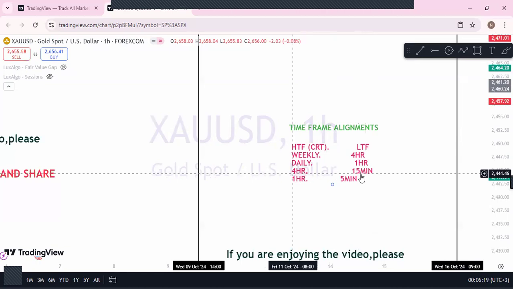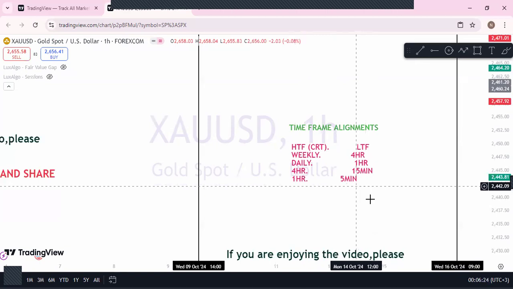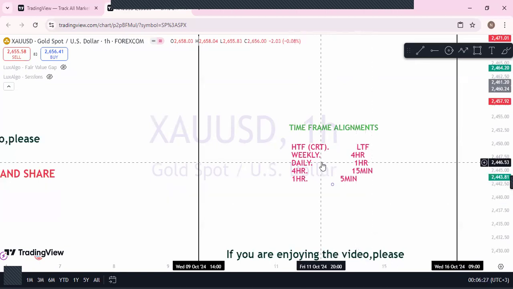For the 4-hour, we look for entries on the 15-minute and 5-minute time frames. This is key for very good entries, and it helps you risk a smaller amount of money when placing your stop losses, because you cannot get precise entries using the higher time frames.